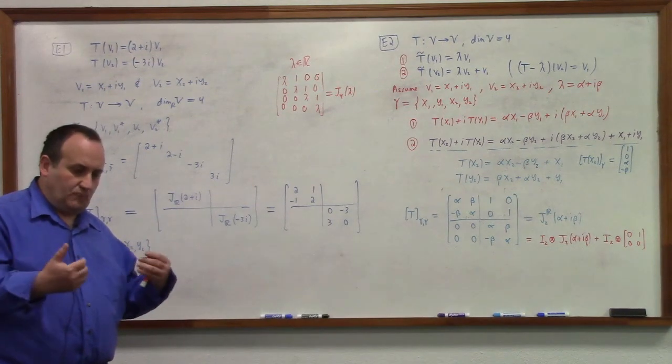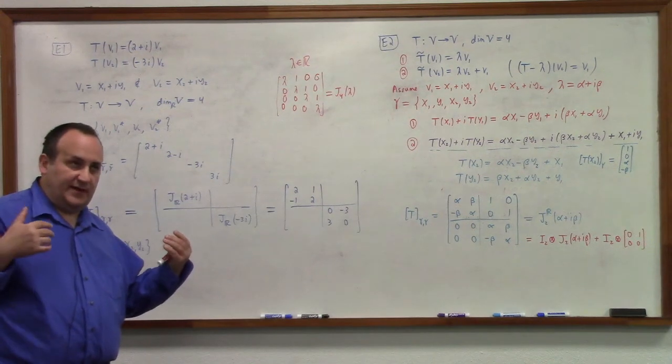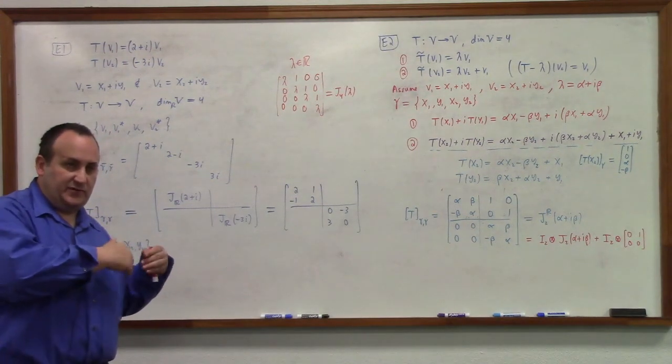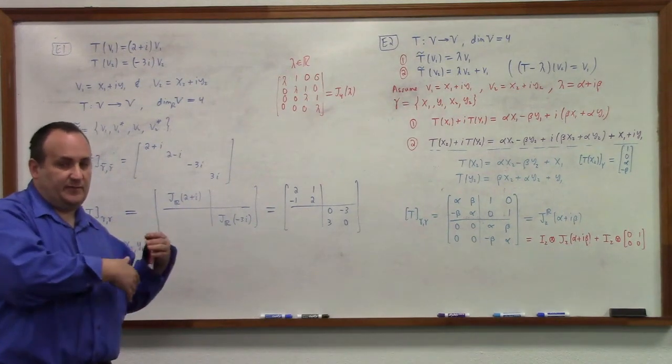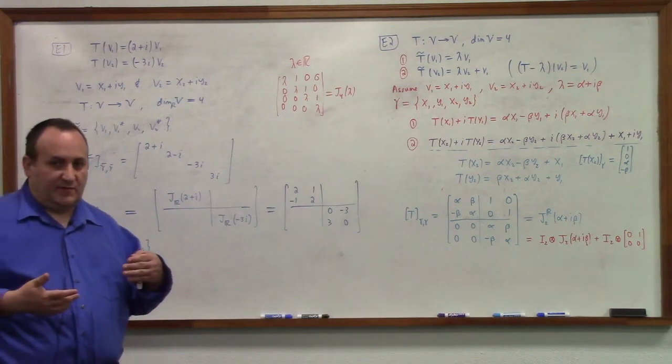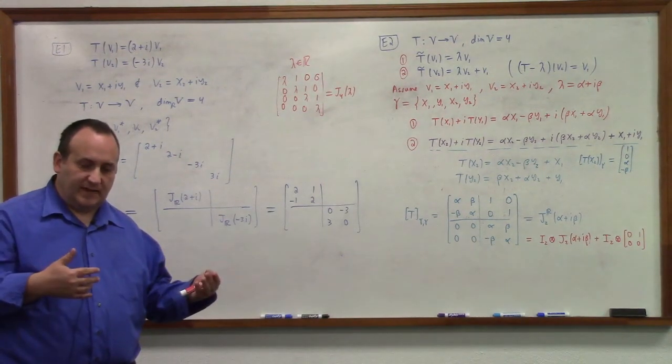You find enough chains to fill up that part of the story. Those blocks correspond to real Jordan blocks. Then whatever's left over, it must be that those are coming from the complex eigenvalues.